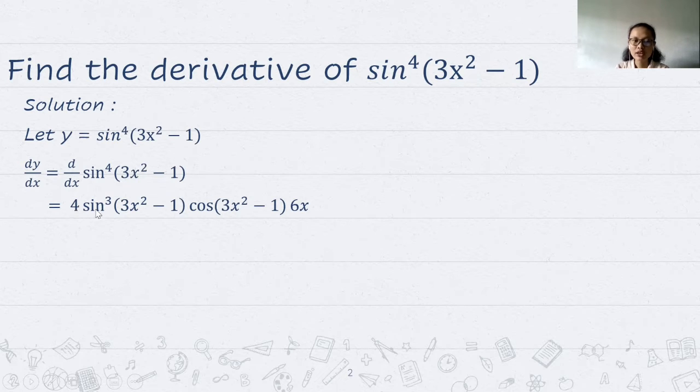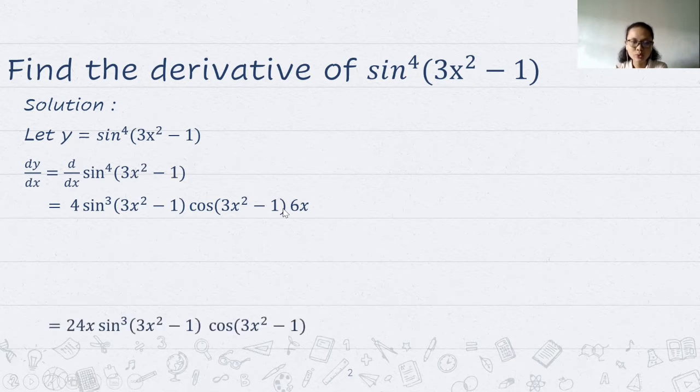The derivative is 4 sine to the power of 3 of (3x squared minus 1). The derivative of sine is cosine of (3x squared minus 1). And the derivative of 3x squared minus 1 is 6x.